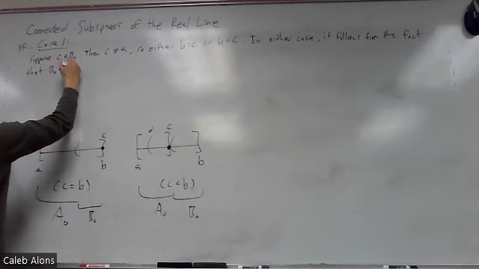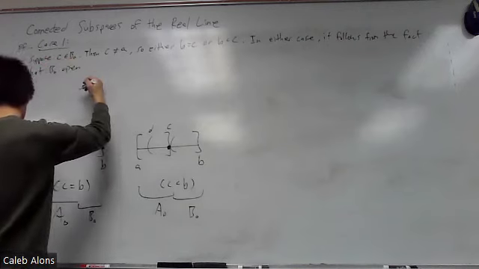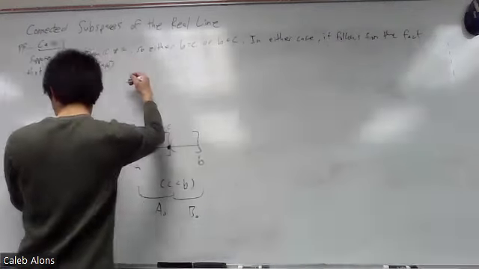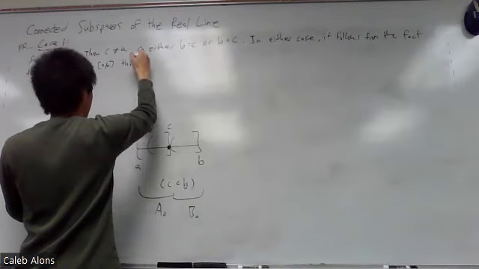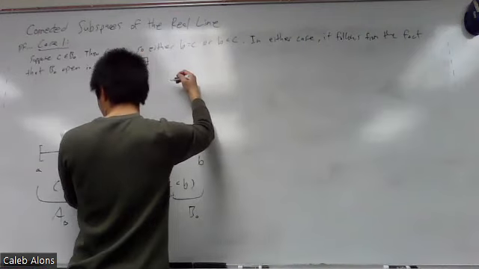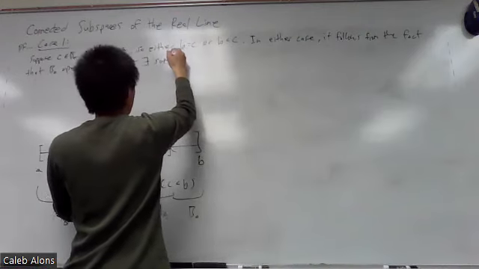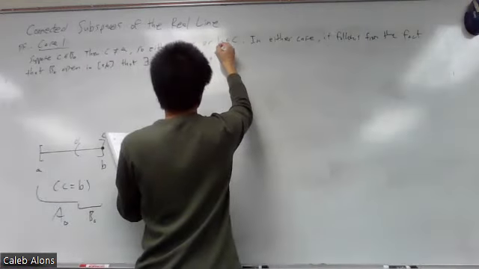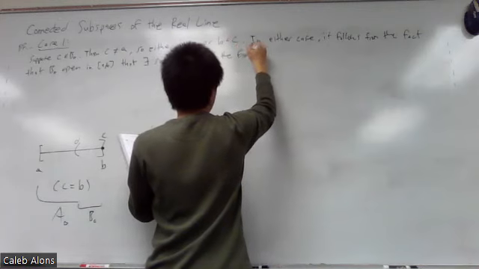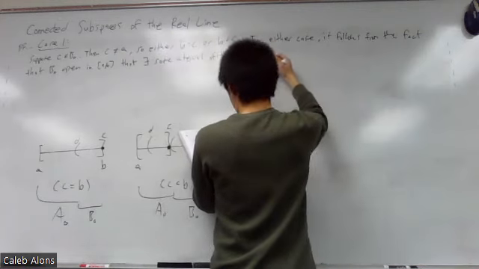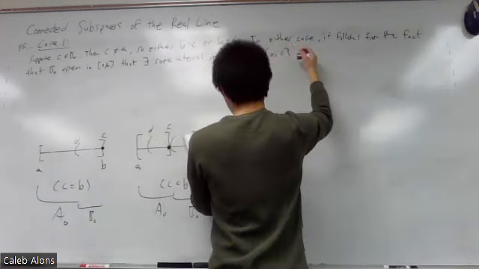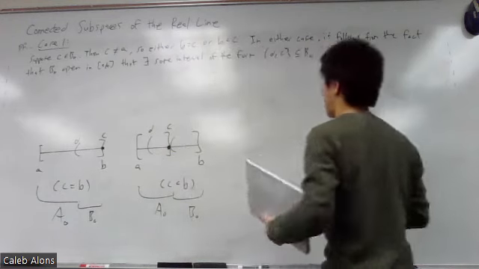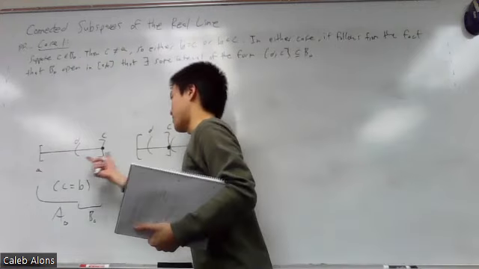B naught is open in A specifically, that there is going to exist some interval of the form, C, which is a subset of this part of the separation. So this is guaranteed to exist in both cases.